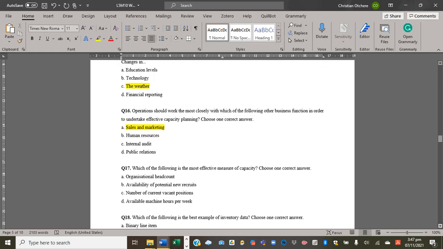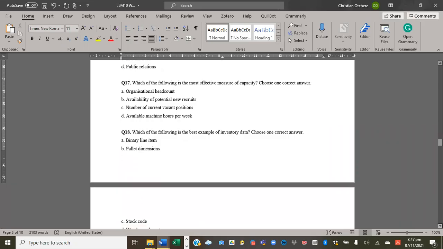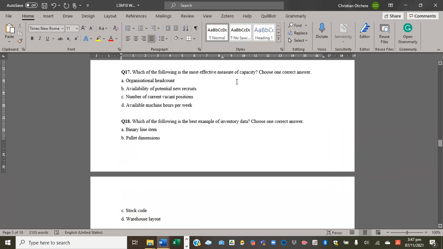Then which of the following is the most effective measure of capacity? Choose one correct answer. Organizational headcount, availability of potential new recruits, number of current vacant positions, available machine hours per week. I think I'll go for organizational headcount. Okay. Is it a measure of capacity?